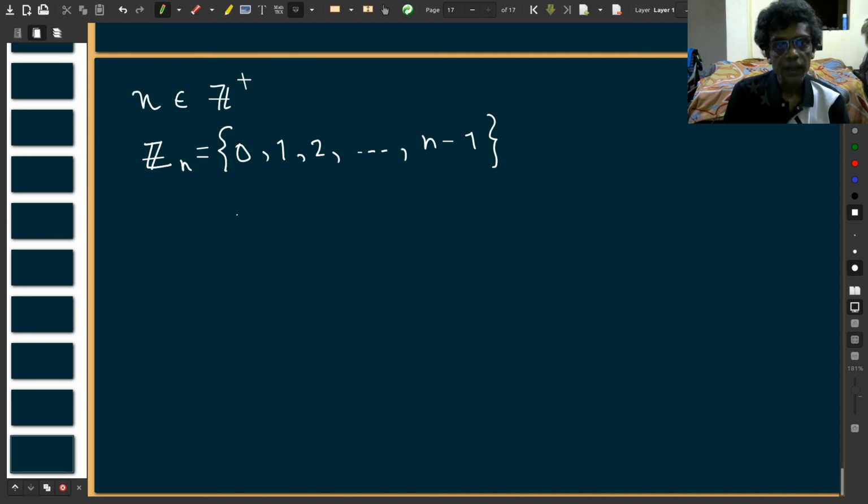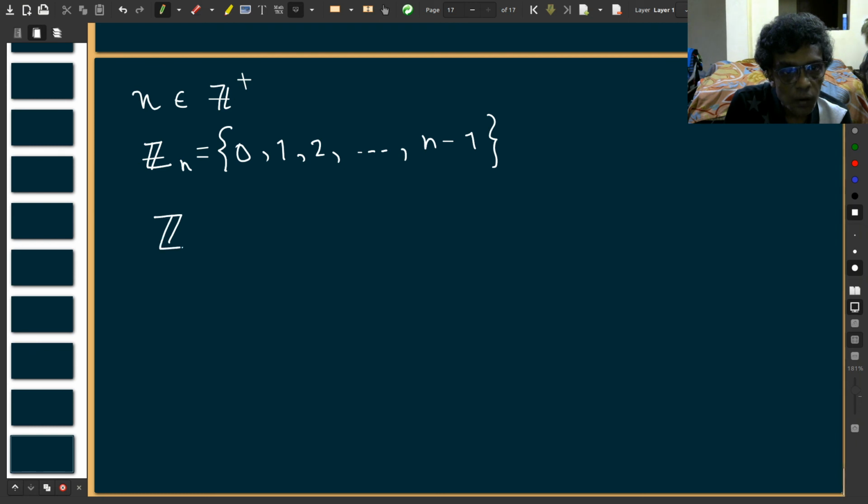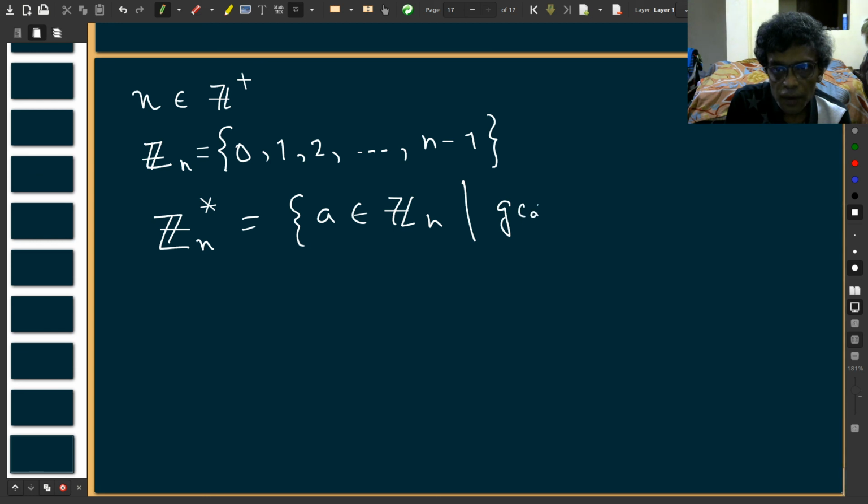Now out of these remainders, I ask the question, how many are coprime to n? That is, GCD of a and n equal to 1. I denote this set by Zn star. This is the set of all a in Zn such that GCD of a and n is equal to 1.